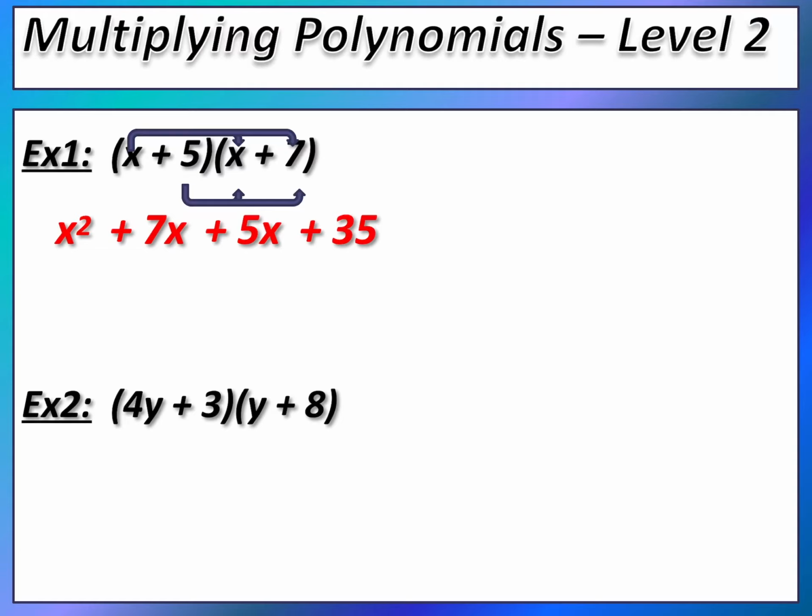I need to combine those. So remember your adding polynomials. 7x plus 5x, you combine the coefficients and the variable and exponent stays the same. So x squared plus 12x plus 35 becomes my final answer.